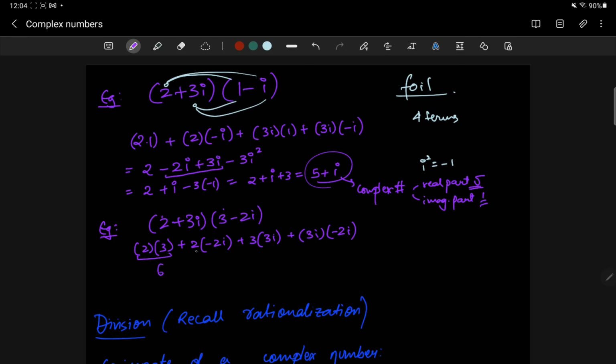That's a 6, that's negative 4i, that's 9i, and that's negative 6i squared. So you have 6, negative 4i plus 9i, sorry, is 5i, minus 6 times negative 1, so this is 6 plus 5i plus 6, which is 12 plus 5i.